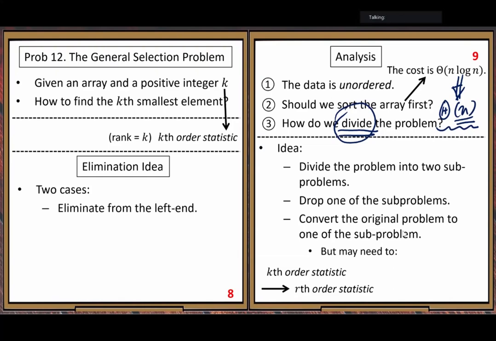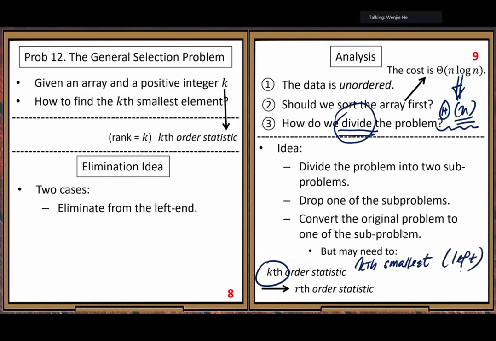When we look at the kth order statistic, this is the kth smallest element, because we look at it from the left side.